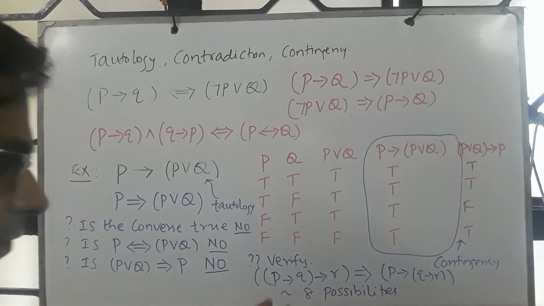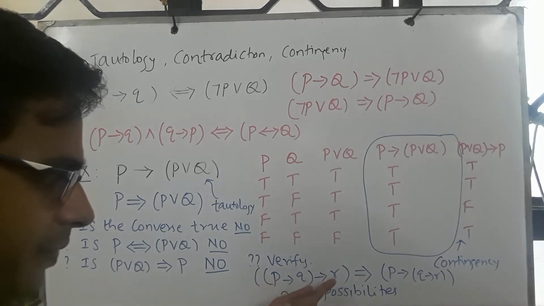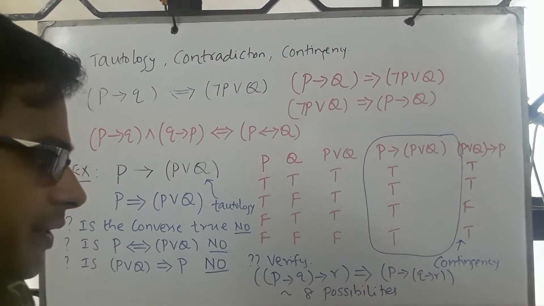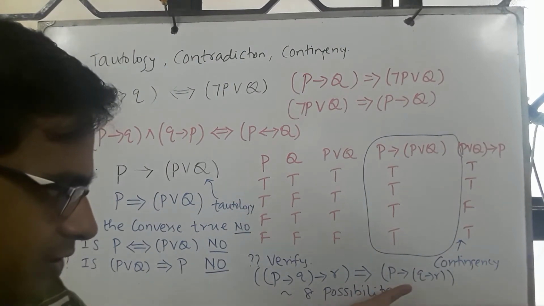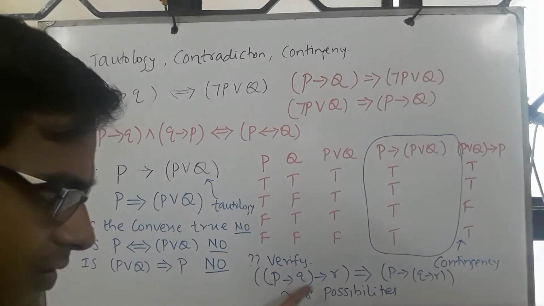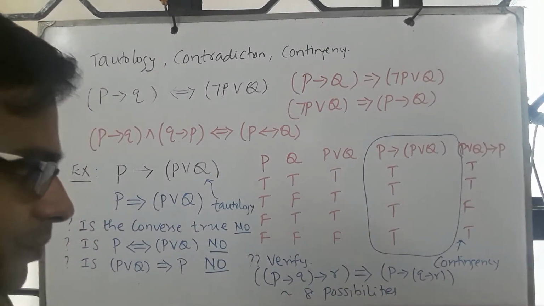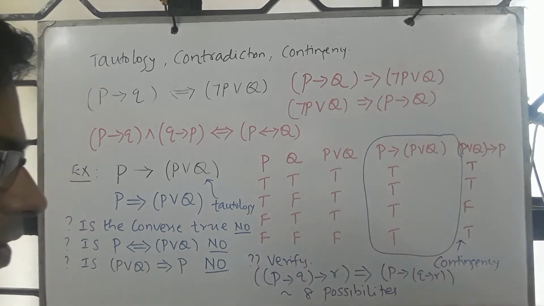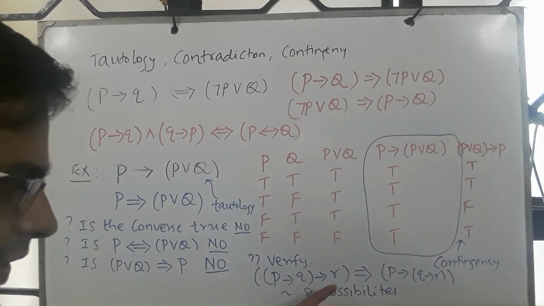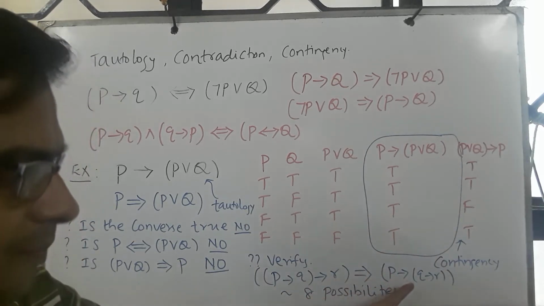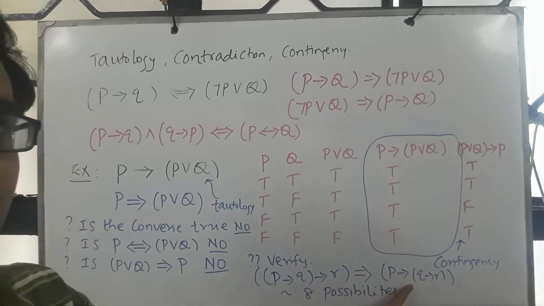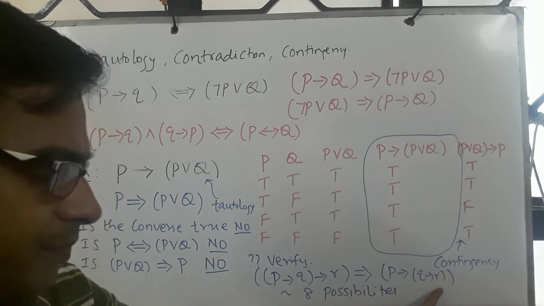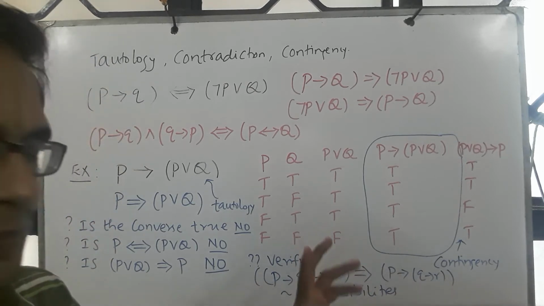And when you verify it, if it turns out that it is a tautology, then this is true. Suppose it is not a tautology, you get a contingency like this, which means P implies Q implies R does not imply P implies Q implies R. If this one is a tautology, then this implication is true.